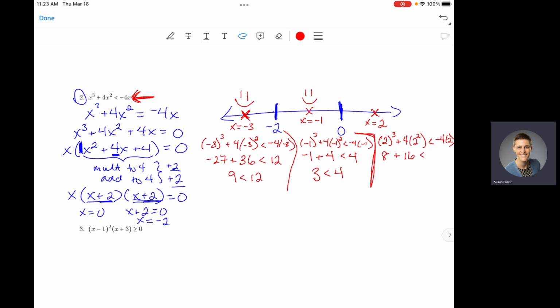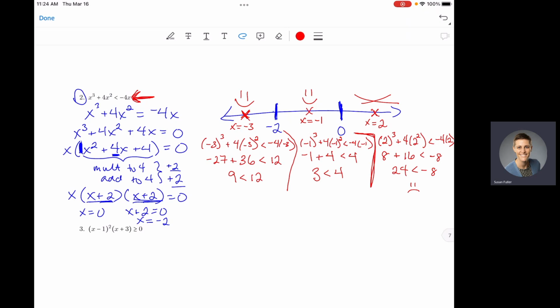That should be less than -4 times 2 is -8. Simplifying on the left, 8 plus 16, that is 24. My inequality says that should be less than -8. That is not true at all, so this part does not work.